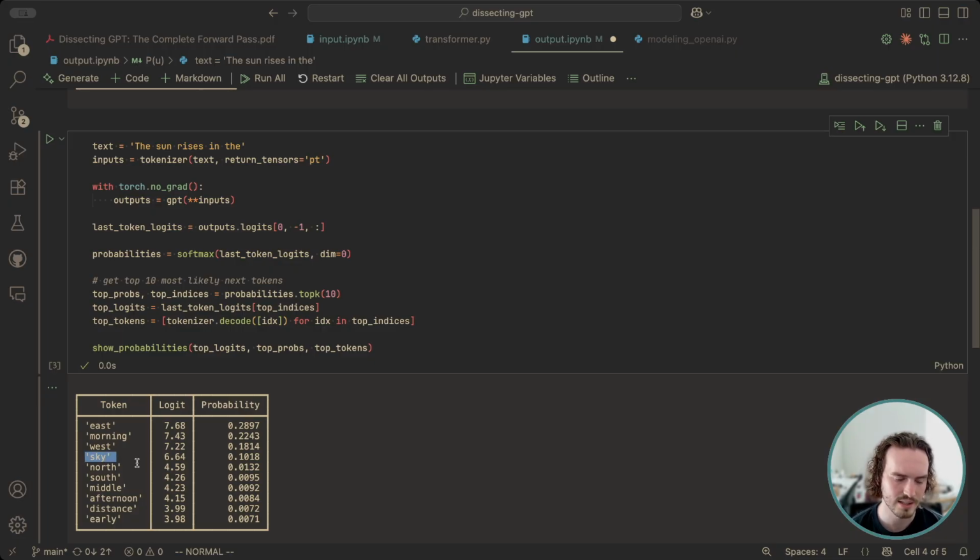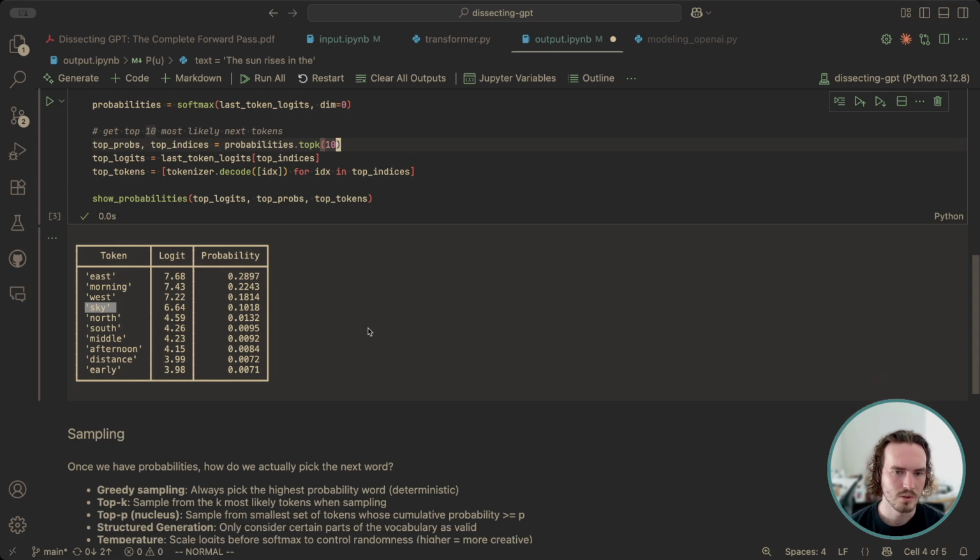Same with sky. The model has learned that when this text occurs, the most likely token is somehow related to where the sun is rising. And so that is impressive in and of itself.